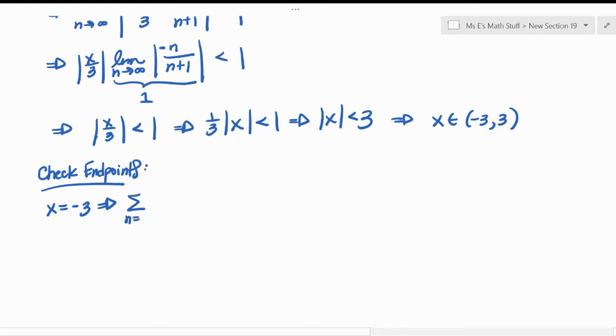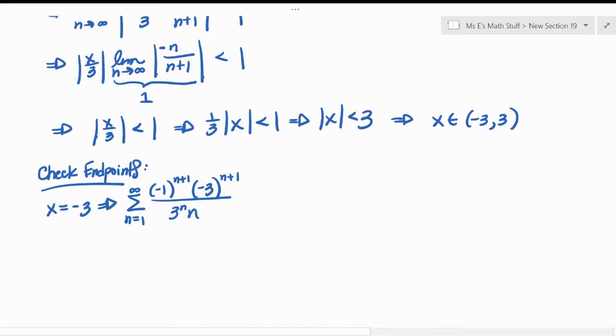So you'd have the sum as n goes from 1 to infinity, and just go to that general term of what f of x was. So that would be -1 to the n plus 1 times -3 to the n plus 1 all over 3 to the n times n. Now, up to you how you want to simplify this.